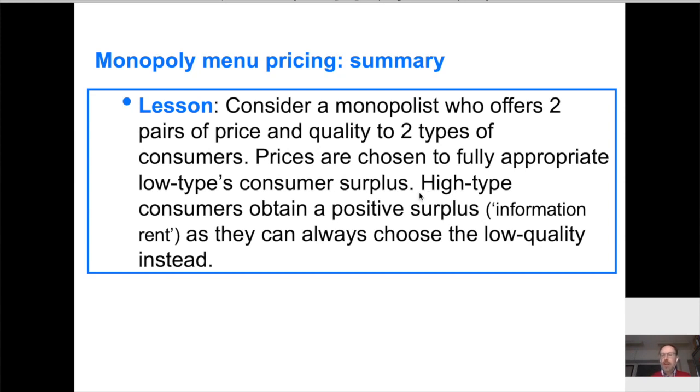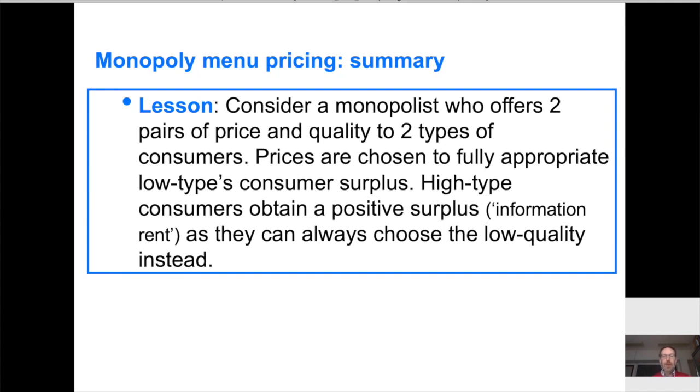As for the high type consumers, the universities in our example, they obtain a positive surplus, so they pay less than the maximum price they would be willing to pay, and this positive surplus is called the information rent. Okay, and this comes from the fact that they can always choose the low quality product instead.